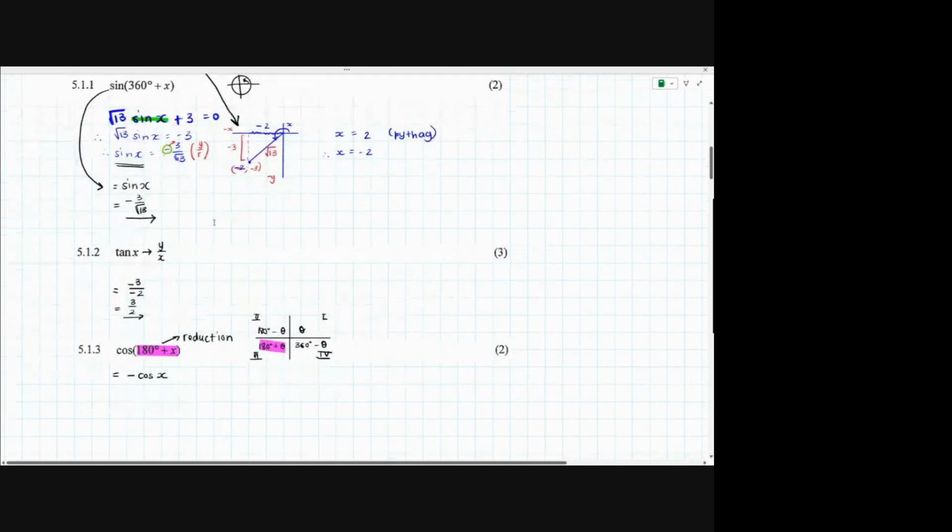Once we know what it is, we can go and read off our information. So we know that cos x, and cos on your Cartesian plane is x over r, is negative. x was negative 2 over r, which was root 13. And so we get negative times a negative, which is positive 2 over root 13.